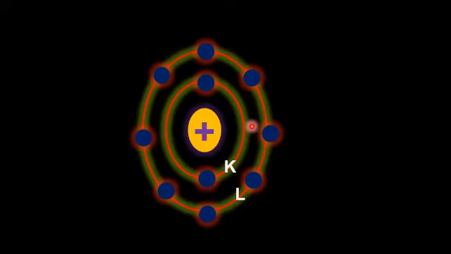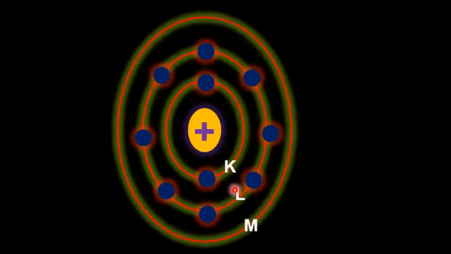So the maximum number of possible electrons in a sodium atom will be 11. K and L shells already have 10 electrons. So the next shell around the nucleus is known as the M shell, and since the K and L shells have 10 electrons, only 1 electron will be present in the M shell.